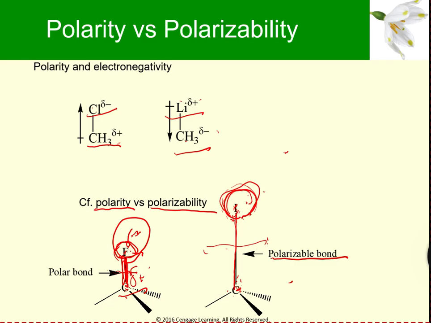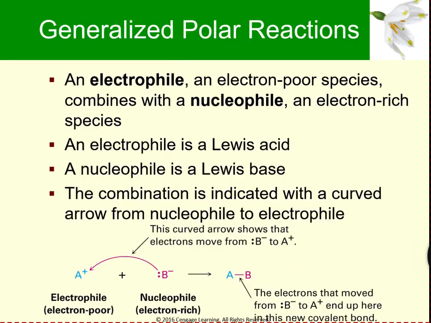However, it's easy to break because the bond length is large due to the huge size of iodine compared to fluorine. In many organic reactions, polarizability is more important than polarity. So try to remember the difference between polarity and polarizability, and also remember that in many cases, polarizability is more important than polarity.